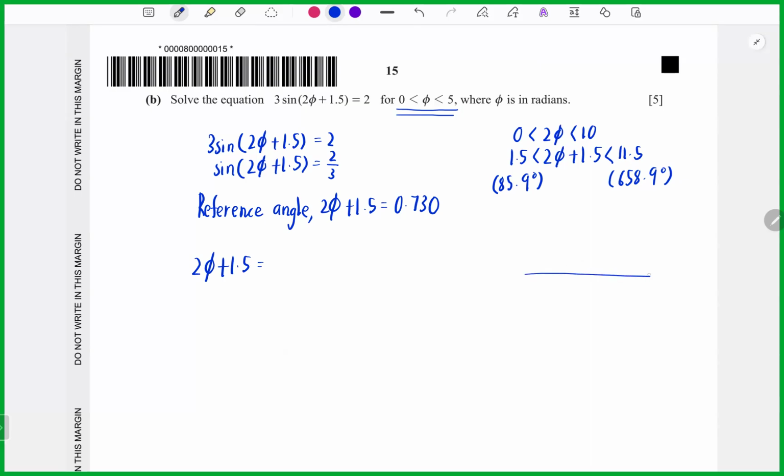Okay, now we try and look here. 85.9 degrees.